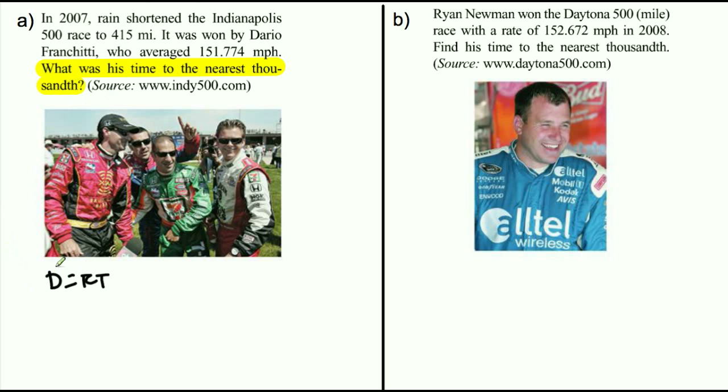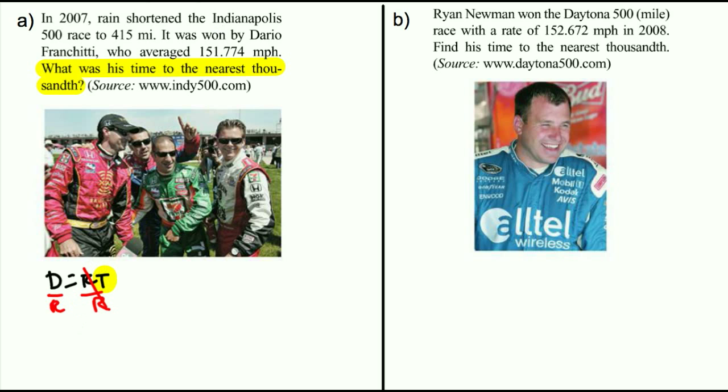So if distance is equal to the rate multiplied by the time, aren't we trying to figure out what the time is? So we're going to use what we learned in the last example, and we're going to solve for t first because we want some kind of equation that's going to give us the time. So let's go ahead and just solve for t, and we can simply do that by just dividing both sides by r.